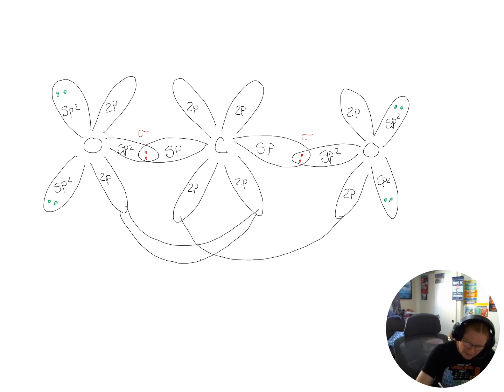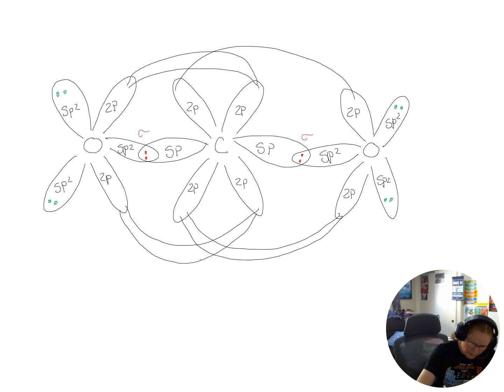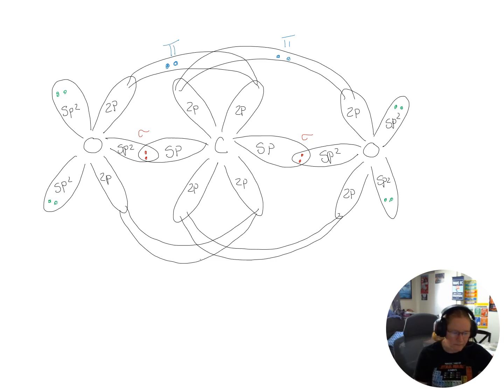This 2p and this 2p overlap. And in that overlap, we get our pi electrons. Okay? All right, so that's how we account for all of that.